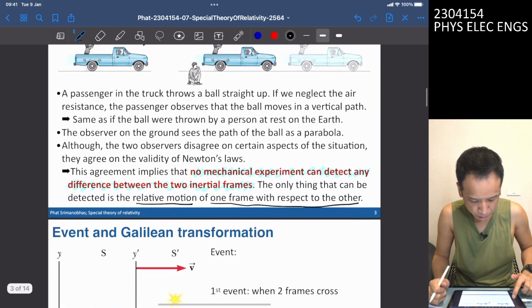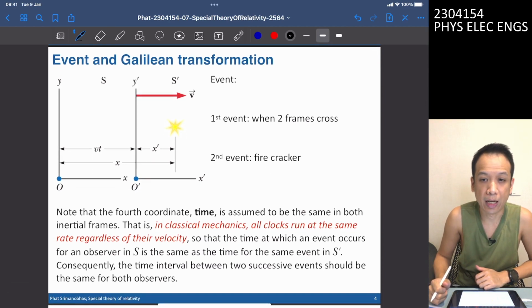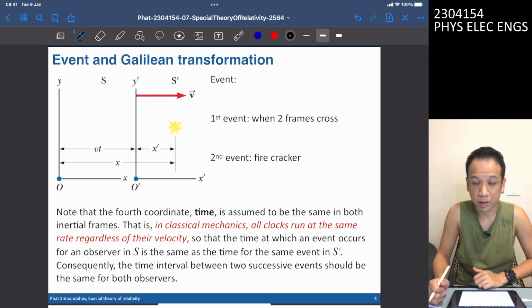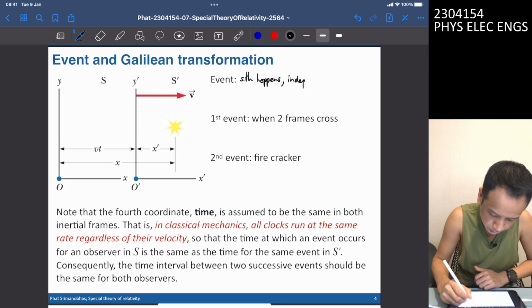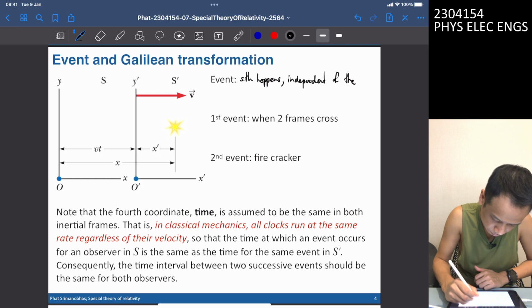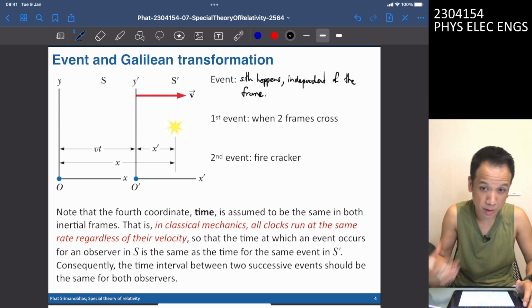Okay, so if this is clear, we're talking about the event and the Galilean transformations. So what is an event? An event is something that happens independent of the frame. For example, you see the fireworks.